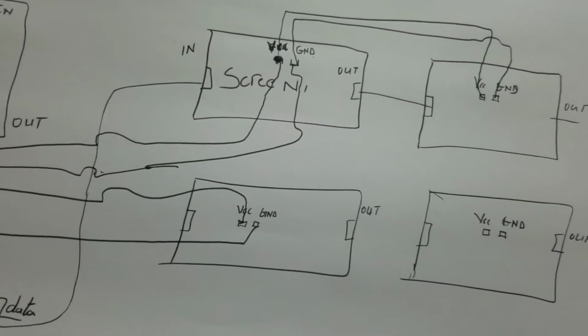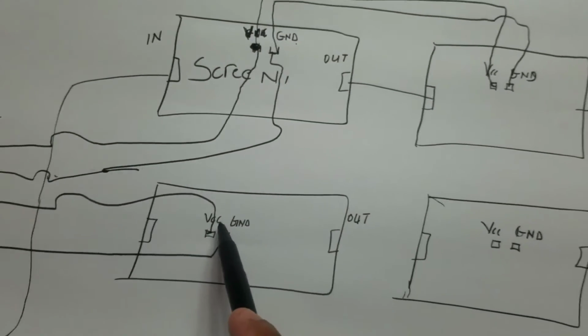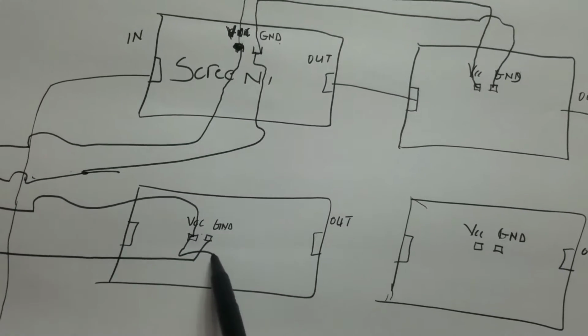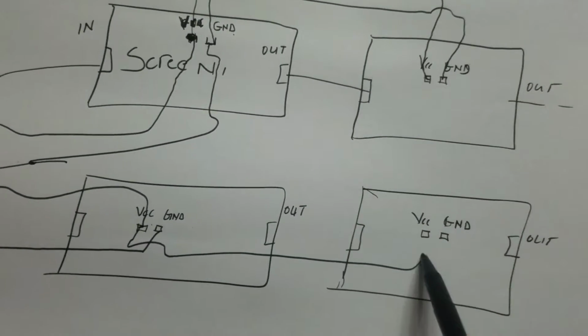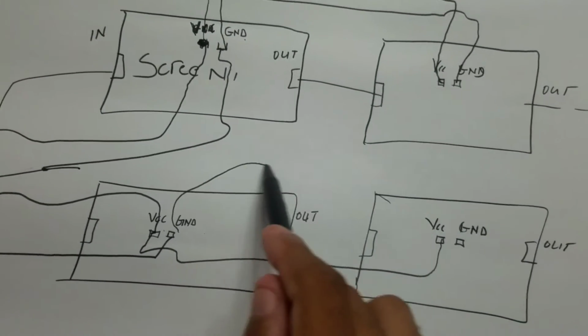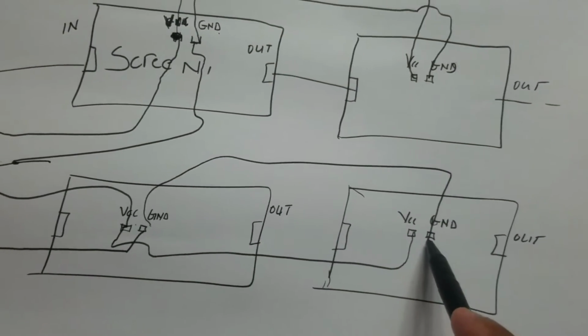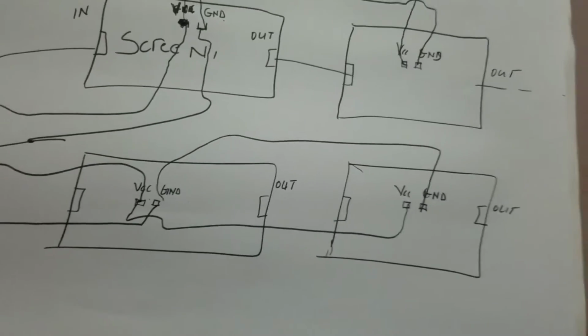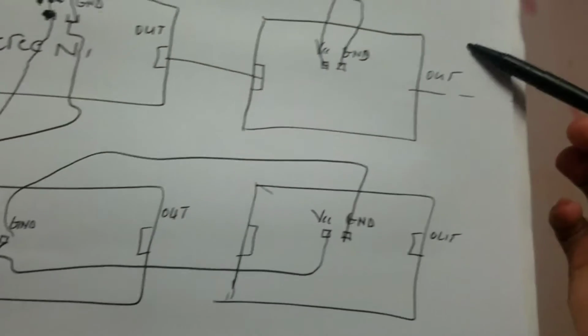Okay, and you can also take it from here and supply this from here. Then that is the output. The output is from the data. That means if you have another screen, you can still connect it here.